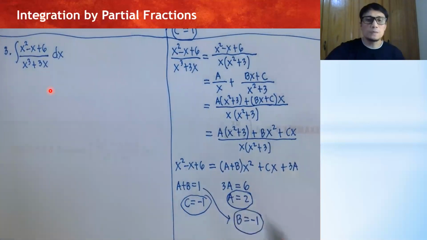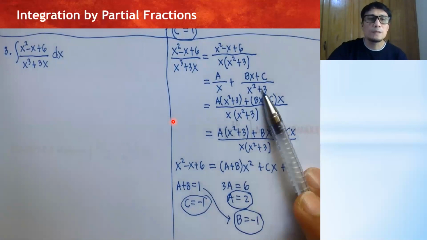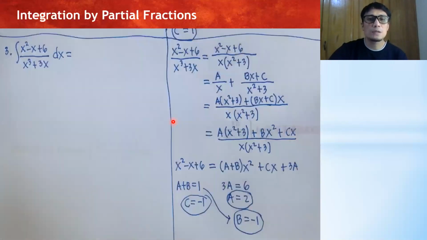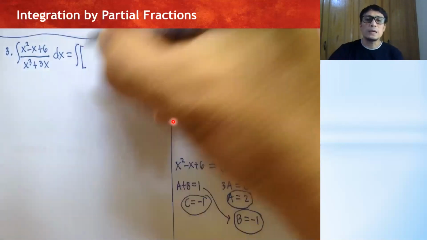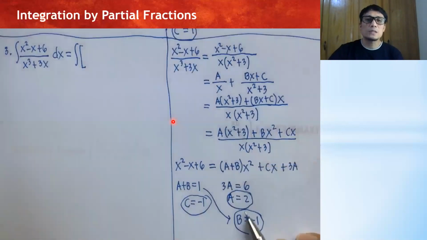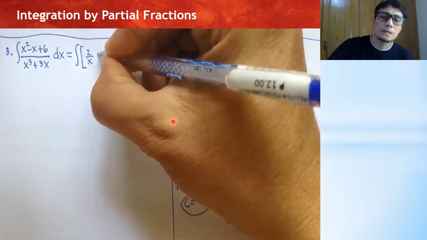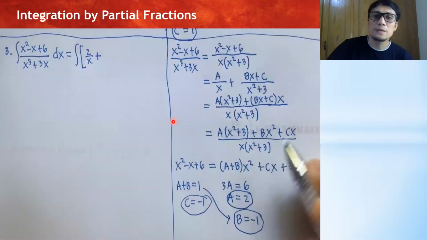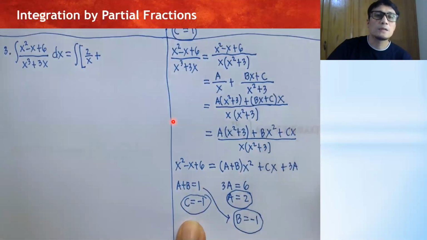Okay, so we now substitute that to the given partial fractions. So I can write this as A over x, where your A is 2, okay, plus Bx plus C over x squared plus 3. Your B is negative 1, and C negative 1, no?